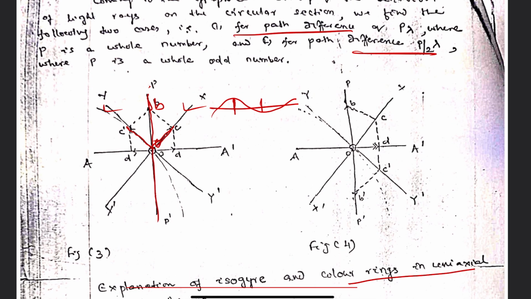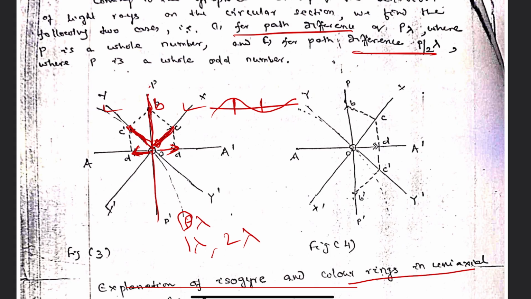If these two waves have been produced through the mineral section, and if the path difference is P lambda, where P is a whole number, 1 lambda or 2 lambda, in that case their components along the direction of analyzer act in two opposite directions and they cancel each other and darkness results.